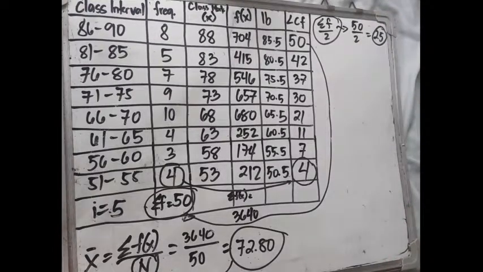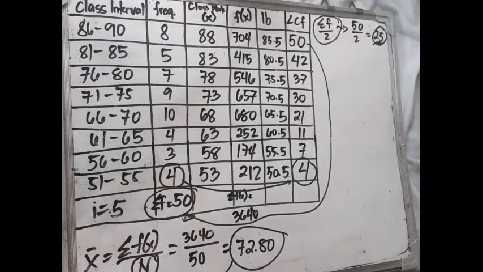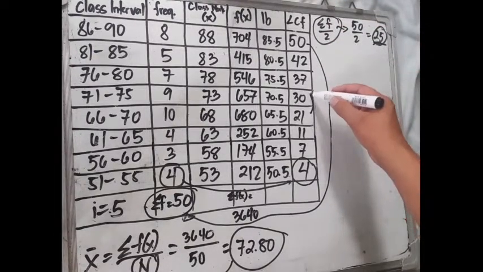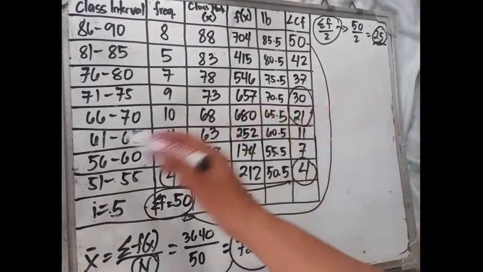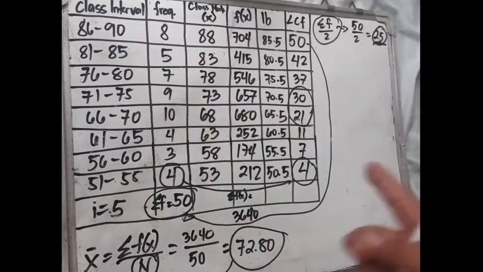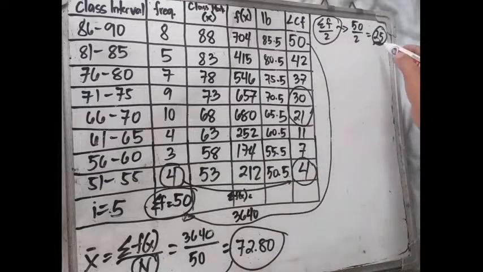Mag-base tayo sa 25. So 25 lies between in what cumulative frequency? So 25 lies between 21 and 30. But median class, it is the class greater than or equal to 25.